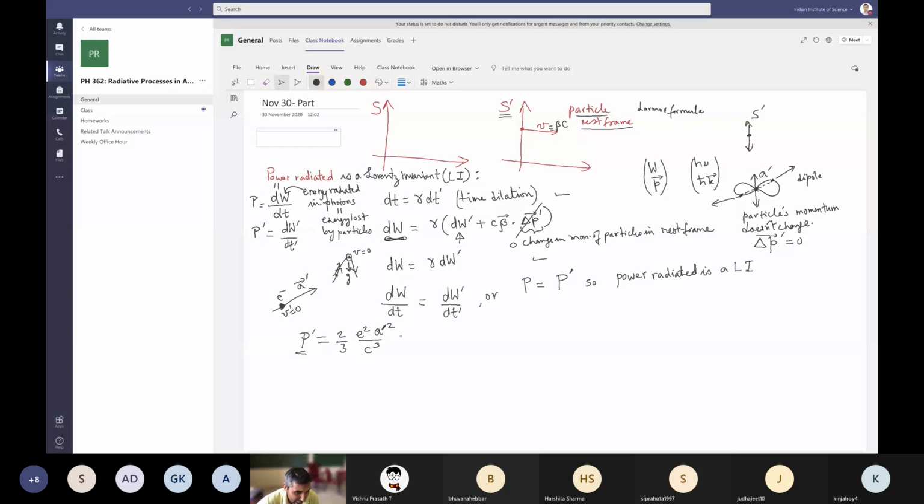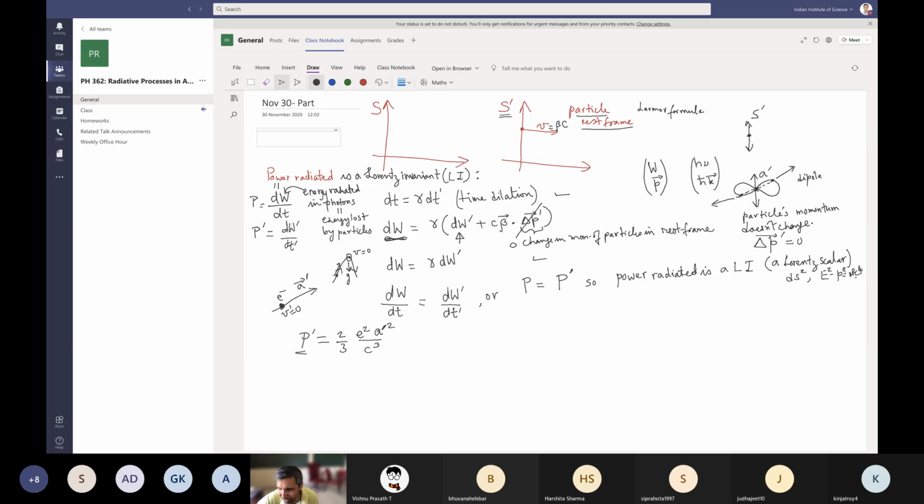We should be able to write this in a form which is manifestly a scalar. Something which is Lorentz invariant is basically a Lorentz scalar. It transforms like a scalar. What is a Lorentz scalar? Like ds squared is a scalar, and E squared minus p squared c squared is equal to m squared c^4, which is a scalar.